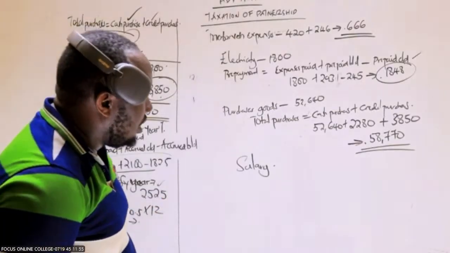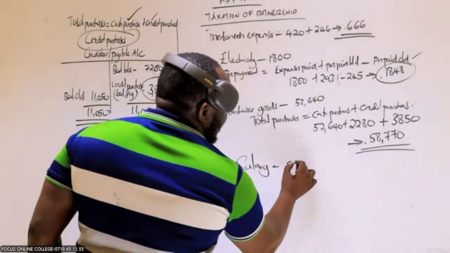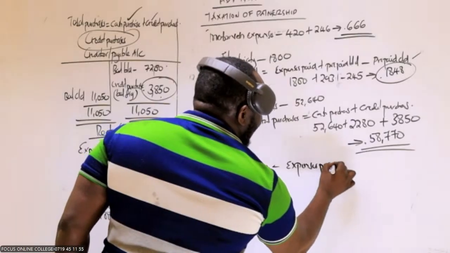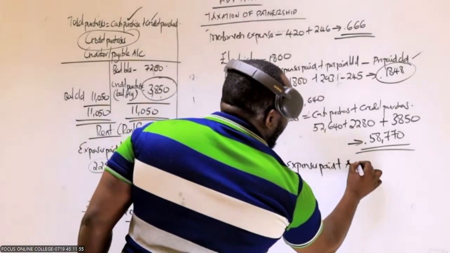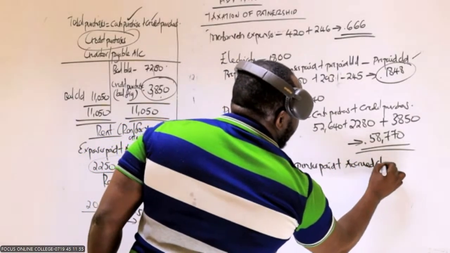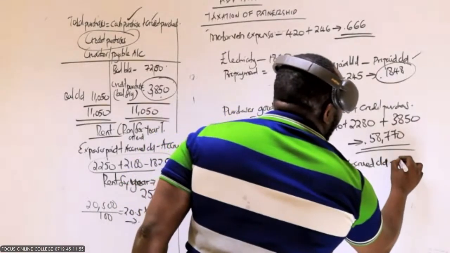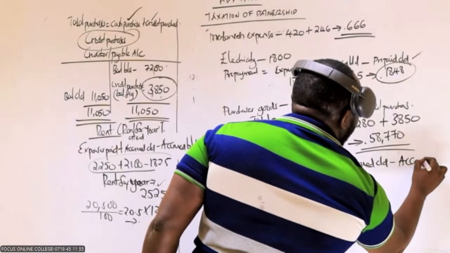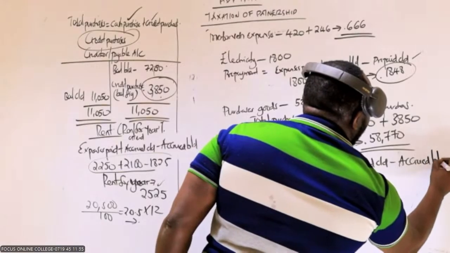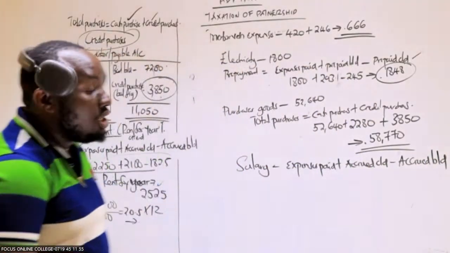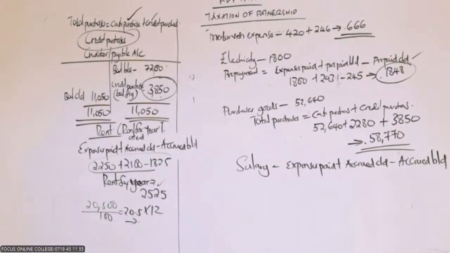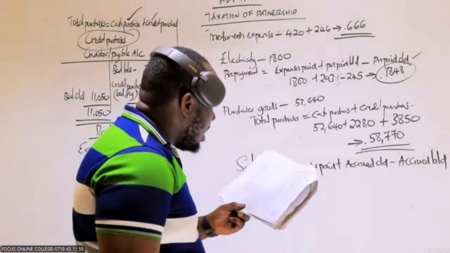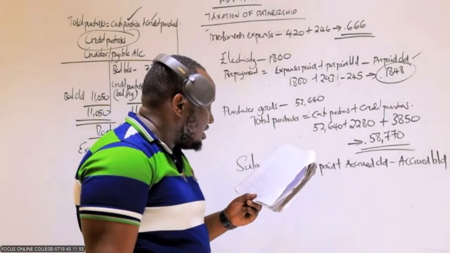Salary has an accrual. So I understand that we have expenses paid, plus accrued carried down, minus the accrued brought down. So what is the salary for the year? How much is the salary?